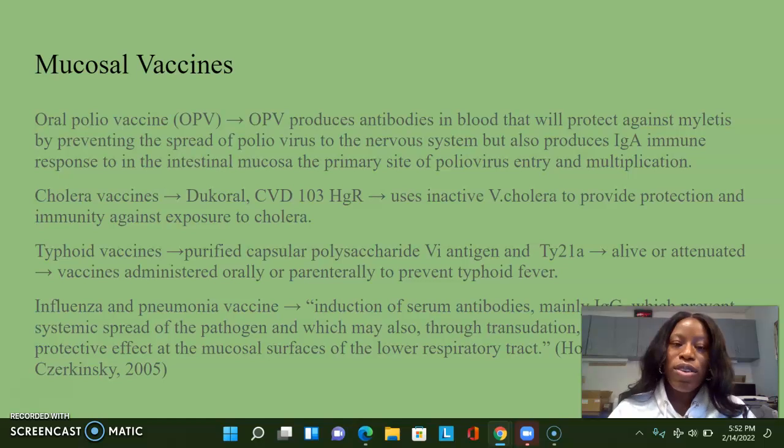We have typhoid vaccines, which prevent typhoid fever. And the one that is commonly known is influenza and pneumonia vaccines, which provide protection to the mucosal surfaces of the lower respiratory tract.